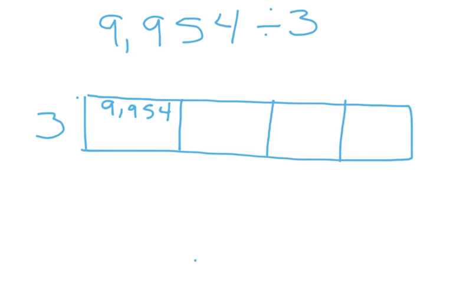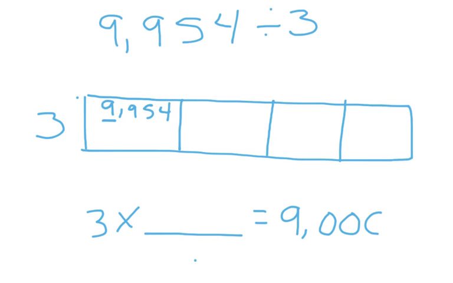Well, now let's look at, since we're in the thousands column, that means how many 1,000s can I multiply 3 by to get as close as possible to, let's look at our first digit, 9. Can we do it? Of course. So 3 times what is going to get us close to 9, and that number is in the thousands place. So we're going to call that 9,000. Actually, 3 times 3 is 9.